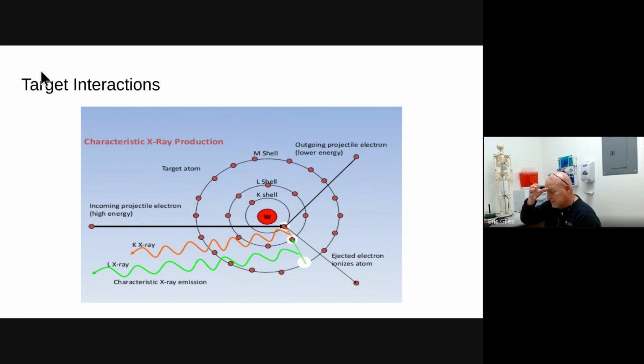So this is characteristic radiation, and you'll understand this a little bit better when we run through what the actual X-ray tube does. But you've got incoming electrons right here, okay? And it actually hits an electron in the outer or the inner shell of the atom and knocks that out. And when that knocks that out, it's turned into a lower energy X-ray.